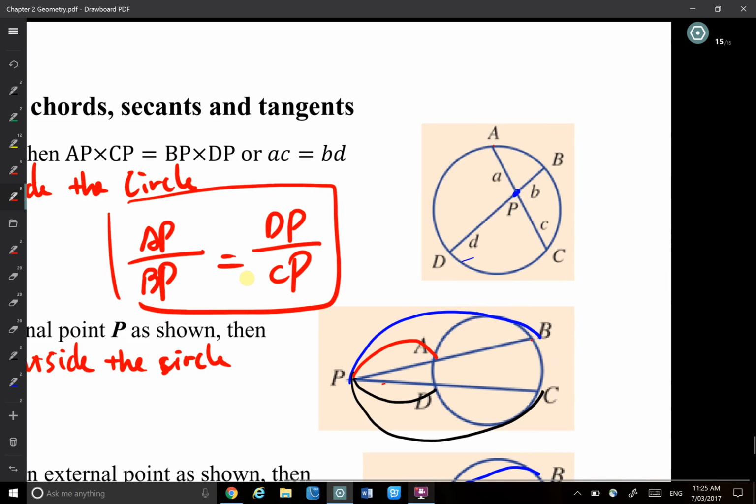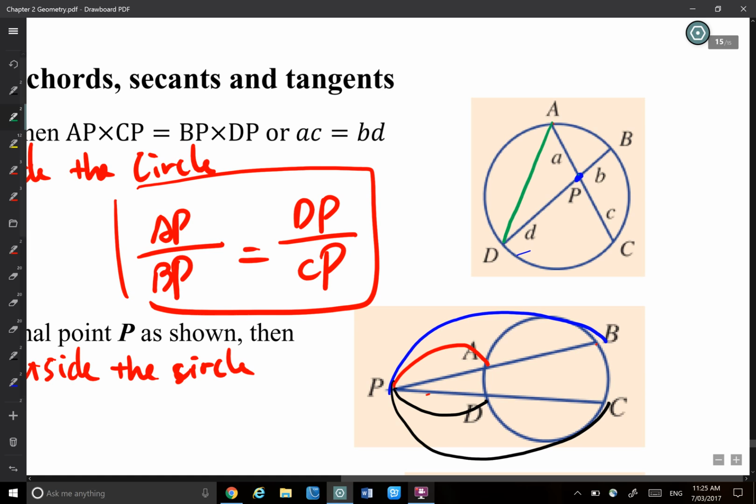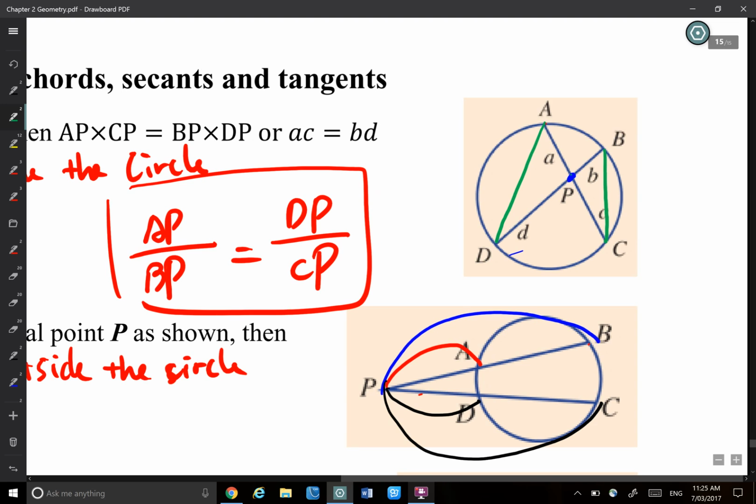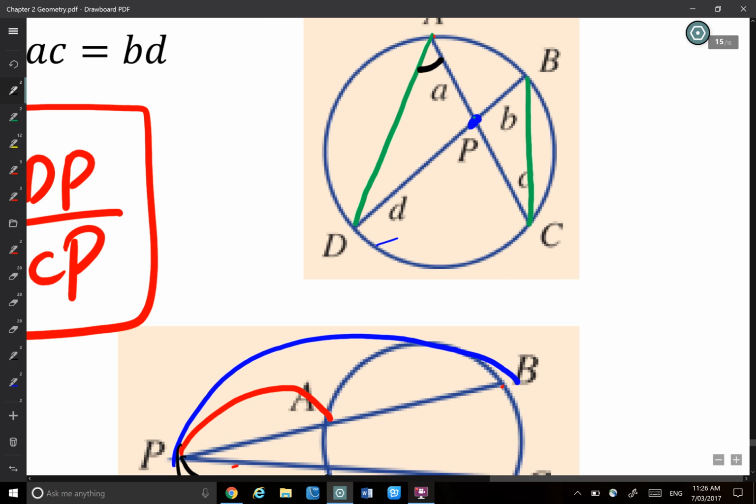So in the first diagram you can connect AD and you can connect BC. Can you see this angle and this angle will be the same because they are all subtended by the same arc here.